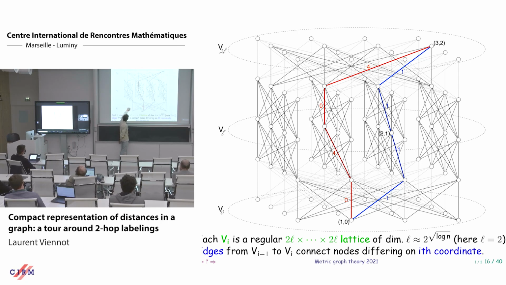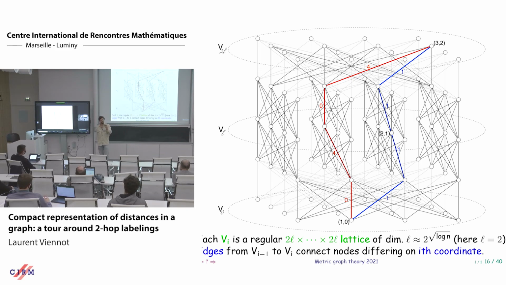There are some gray edges you may not see here, because I wanted the figure to be readable. You can move from one V_i to the next by edges that move along a coordinate. From V0 to V1, you can move along the first coordinate. From any node of the lattice, you can go to the other lattice by moving on only one coordinate.